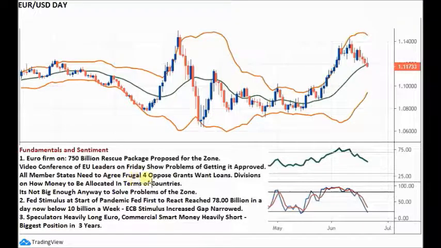Now, these four countries are Netherlands, Sweden, Finland, Austria, and they oppose the rescue package because they say that it means they're backing up the debt or guaranteeing the debt for poorer nations who are going to receive the bulk of the money. And they don't want to do it. They would rather have loans than guarantee debt that they might not get back, basically.